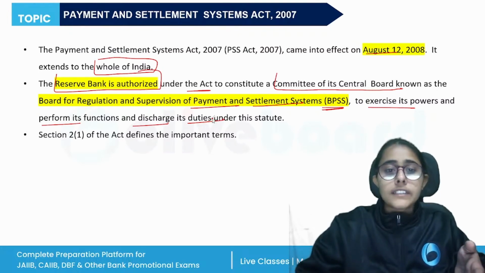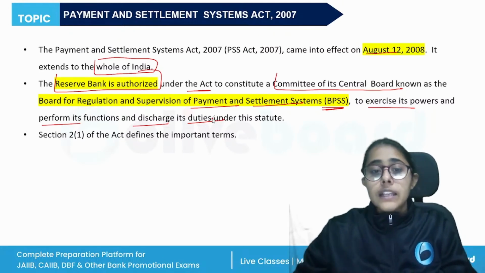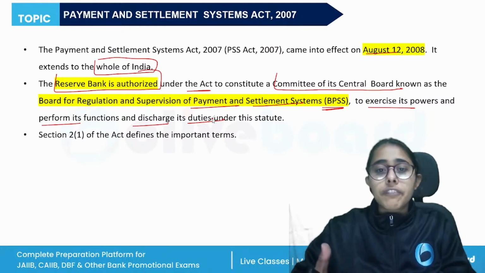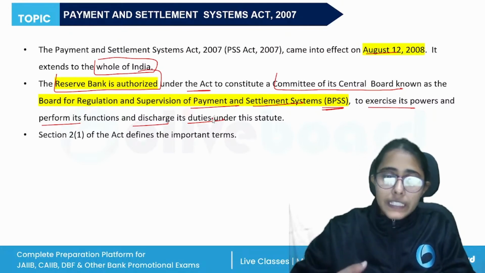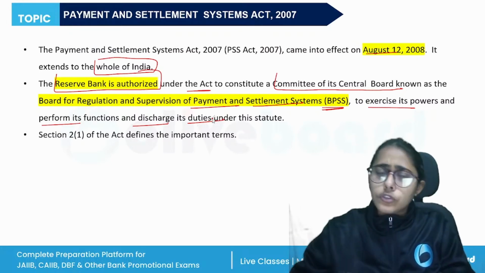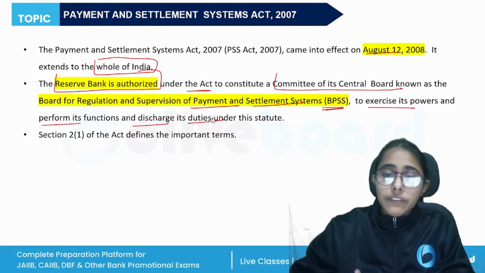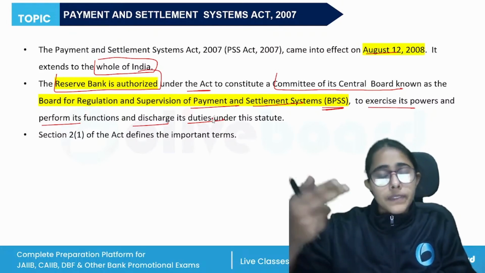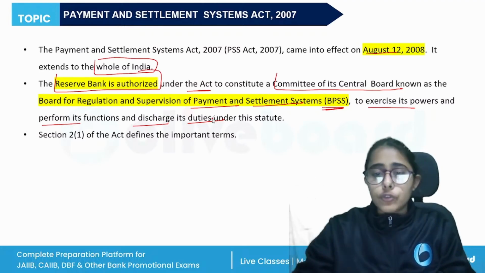The first important section is section 2, subsection 1 and subsection 2. Section 2 of the act defines important terms like the bank, included in the second schedule of the Reserve Bank, any cooperative bank, a banking company, a post office savings bank, the regular definition that we have. Then the definition of derivative is given, which is an instrument which has a derived value which will be settled on a future date.